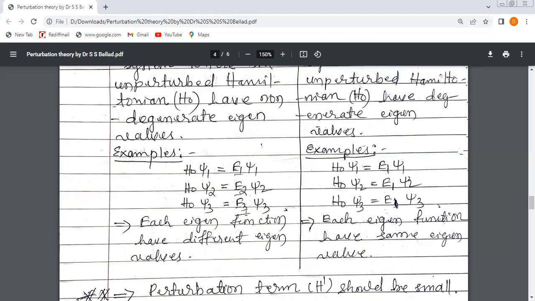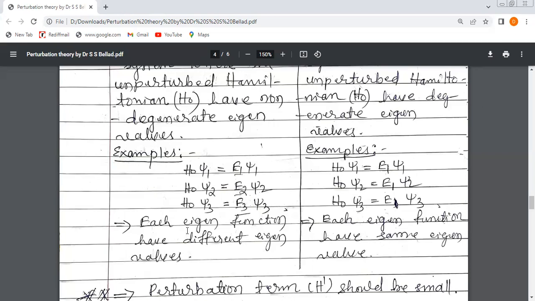We can see that this Hamiltonian of the unperturbed part has different eigenenergy values, and hence these are called the non-degenerate eigenvalues.